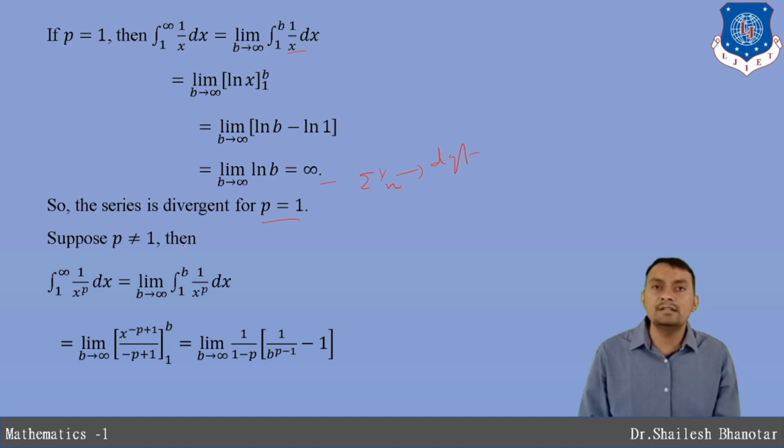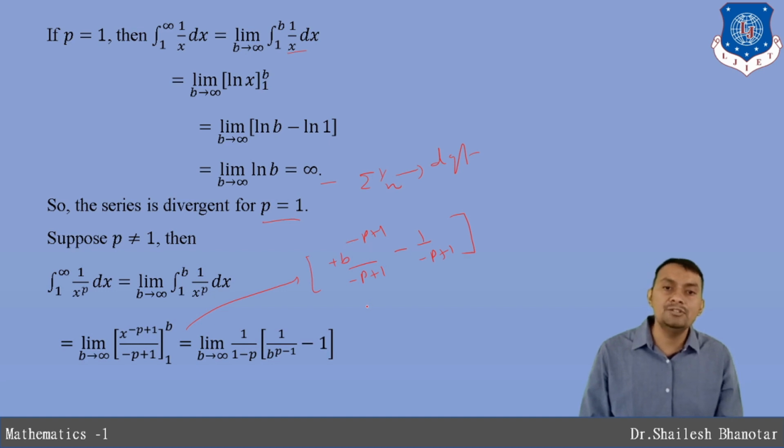And suppose p is not equal to 1, then these improper integrals will be written like this. When you put in the upper limit, you will get b raised to minus p plus 1 divided by minus p plus 1, minus 1 raised to a finite quantity, so it is going to be only 1 divided by minus p plus 1.